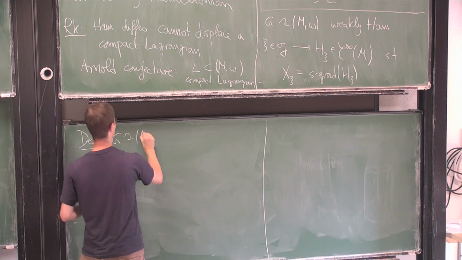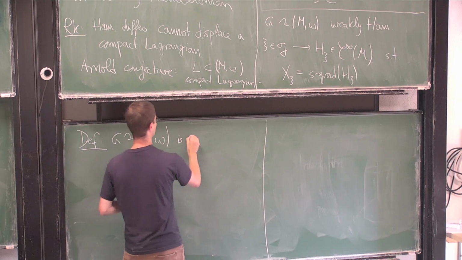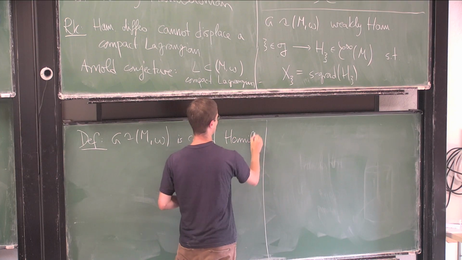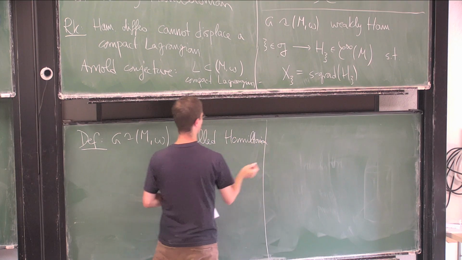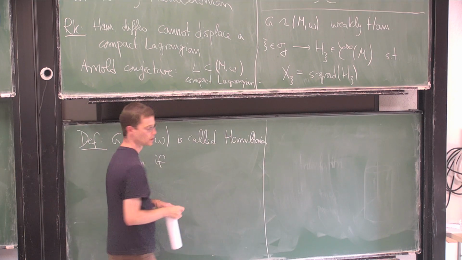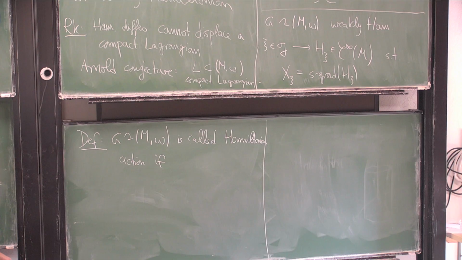G acting on M is called Hamiltonian action if, well, if it is weakly Hamiltonian, but you want a bit more.